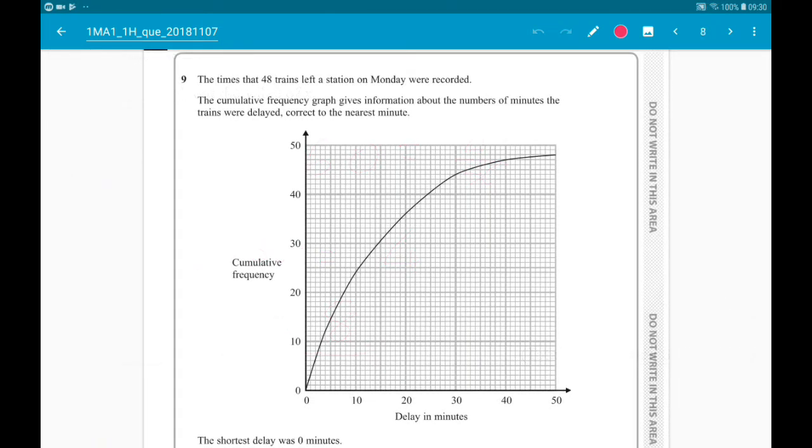Okay, number 9, the times that 48 trains left the station on Monday were recorded. The cumulative frequency graph gives information about the numbers of minutes the trains were delayed, correct to the nearest minute.